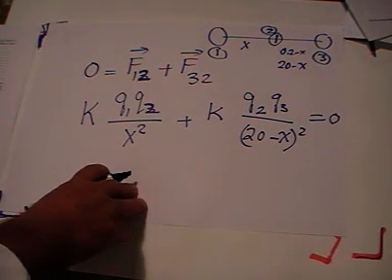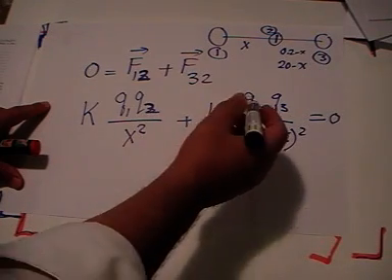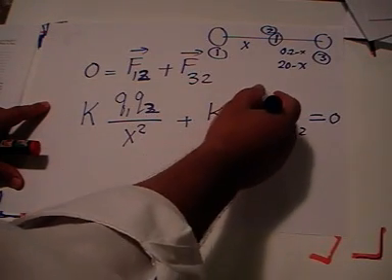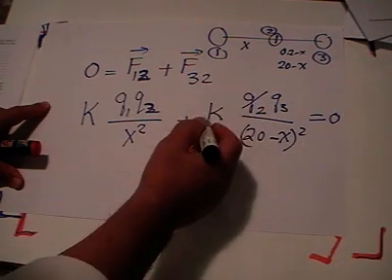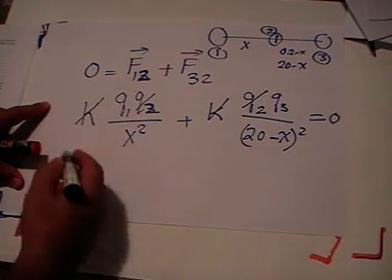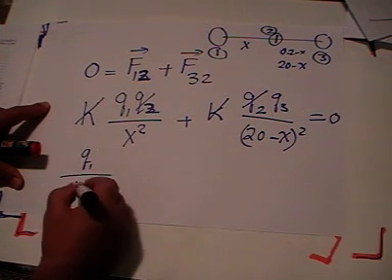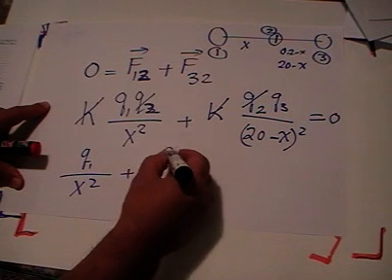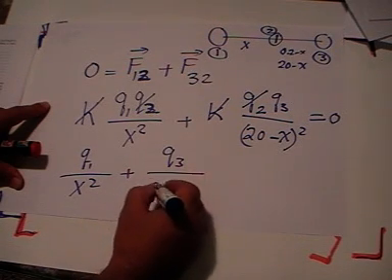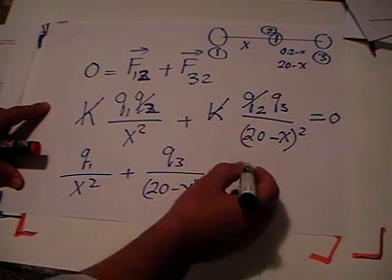Again, as we had before, you see that some things cancel. Q2 cancels, K cancels, and then we have Q1 divided by x squared plus Q3 divided by (20 minus x) all squared is equal to 0.